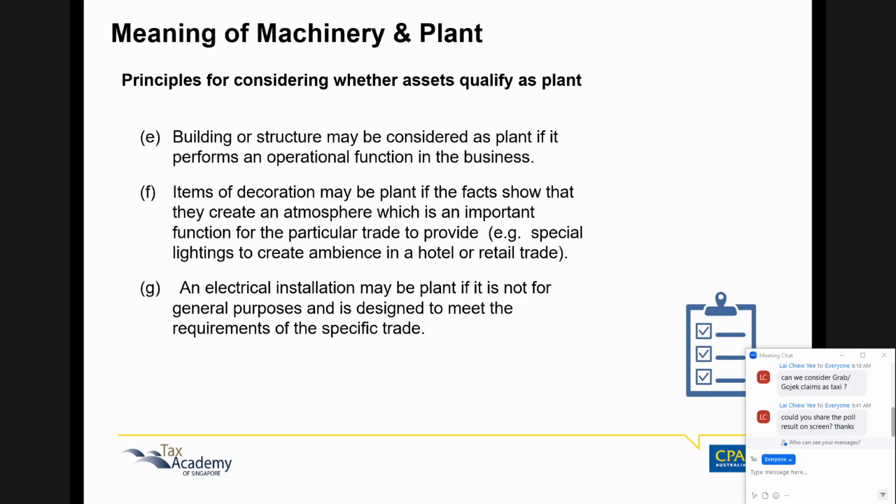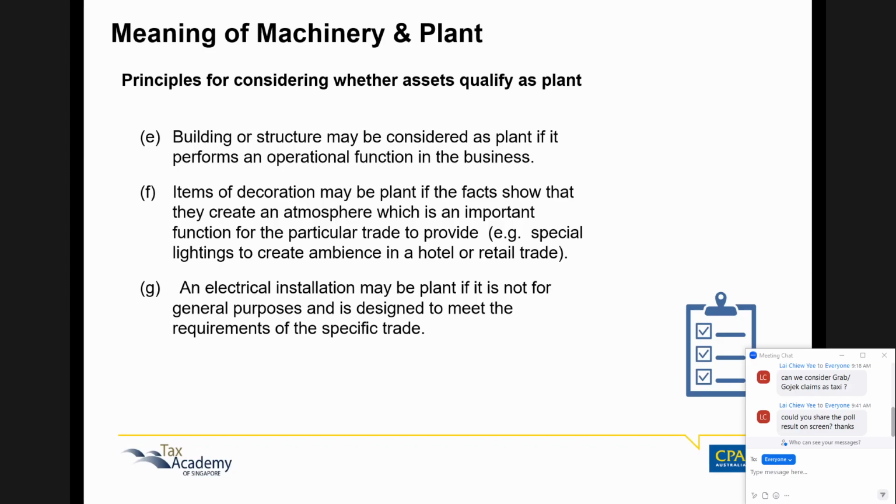They saw that the structure is not just an empty building for the grain to be poured into, but inside it also has certain functions like cooling the grain. So the structure itself also performs operational functions. In the end, based on the case law, it was decided that it qualifies as a plant, and then you can claim CA on it.